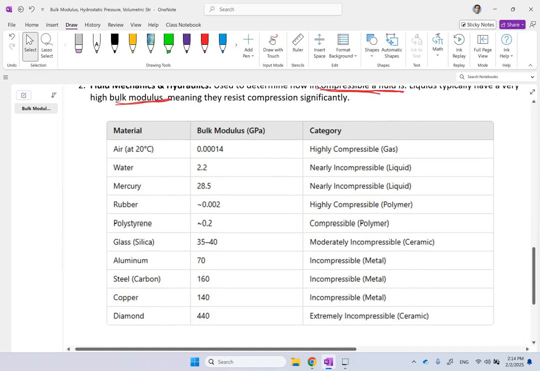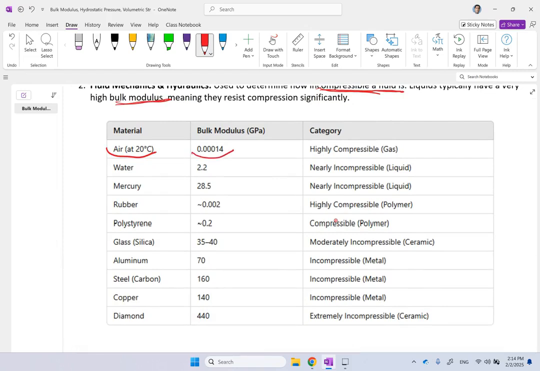You can look at some common materials here in this table. Look at air and how small the K of air is, which means you can squeeze air to very, very small volumes and high pressures. Because it's very small, it's highly compressible. If you look at water, it's not really a small number. It's way bigger than 1, 2.2, and that means water is almost not compressible. Mercury is way, way higher, so it's incompressible.